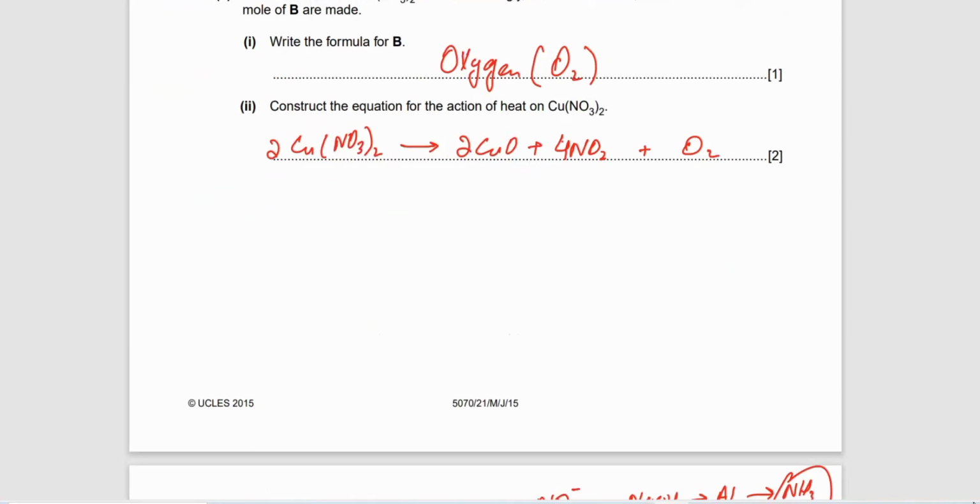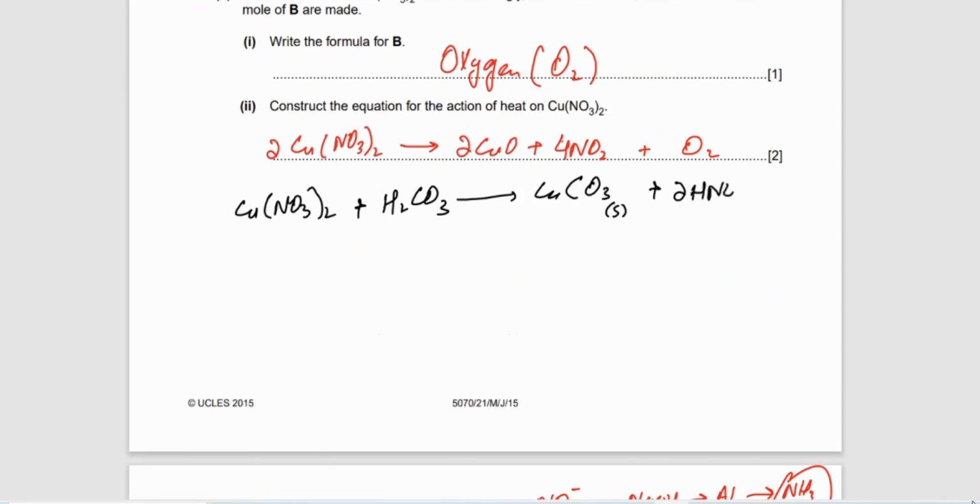Let me write in full over here. Copper carbonate, sorry. Copper nitrate Cu(NO3)2 plus hydrogen carbonate forms copper carbonate solid plus 2HNO3 aqueous. All these aqueous will convert into their ions.